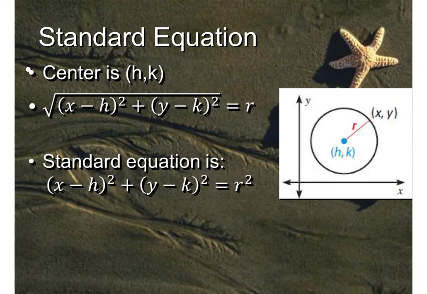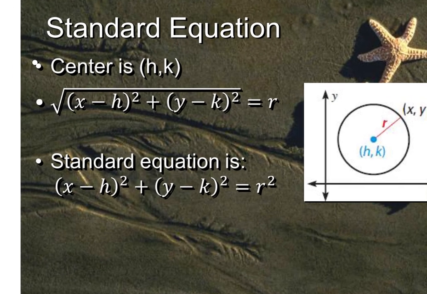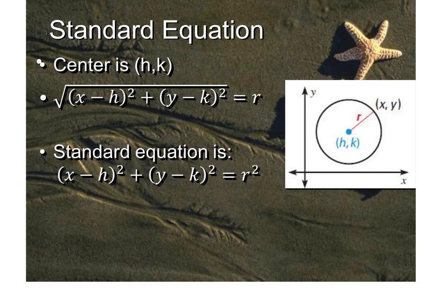The next formula is when our center is not at the origin, okay? But it's not hard at all. All we're adding here are two values: an h value and a k value. That h and that k are where your center is going to be located.